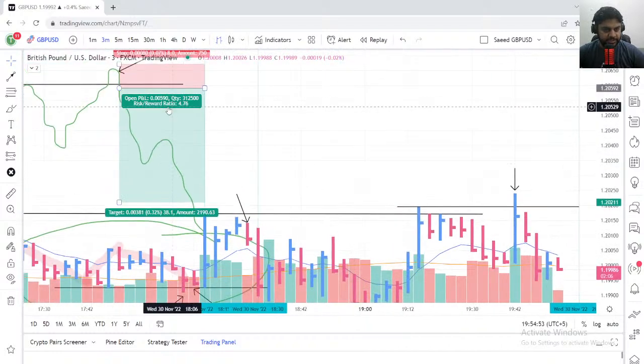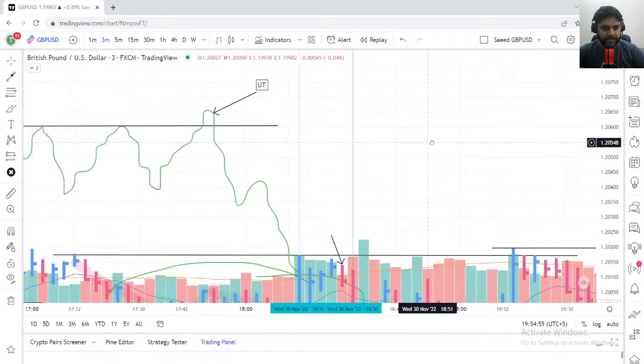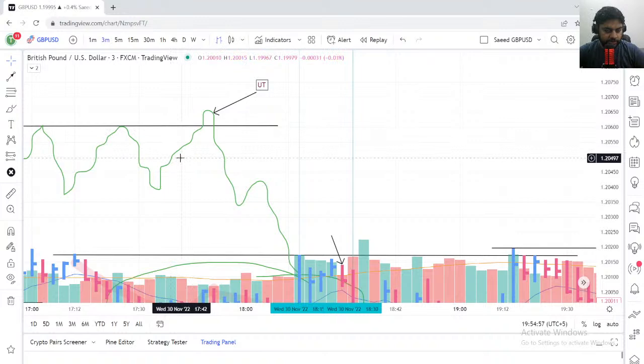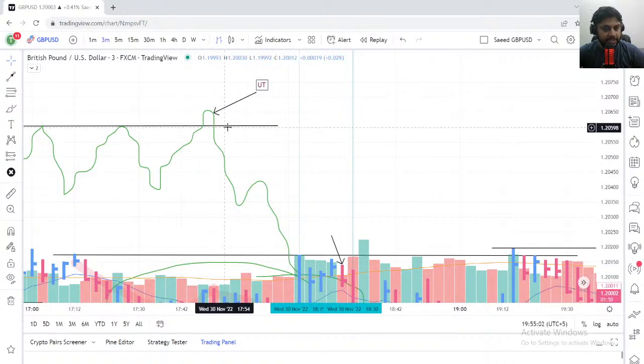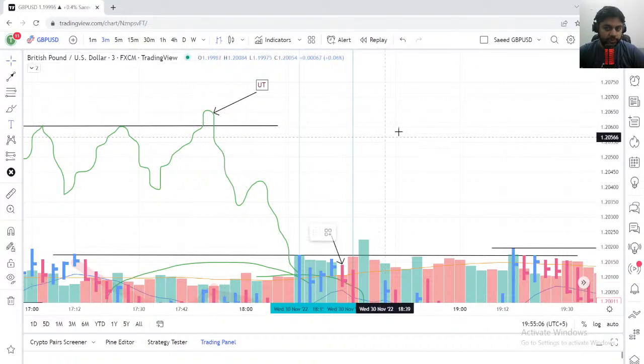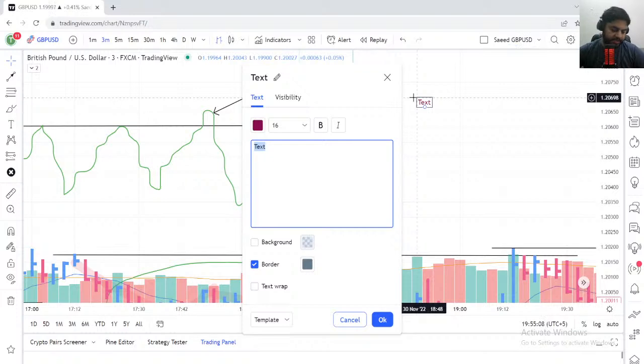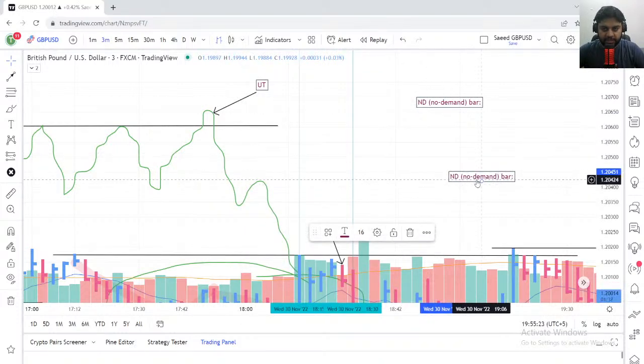So let's discuss these two over here. Of course, they will appear after the upthrust, or they will appear after a huge downward move. Remember this, because these two are the tests to the downside. So you will have the test of UT in the form of a no demand bar, and then you will also have the ERM bar.